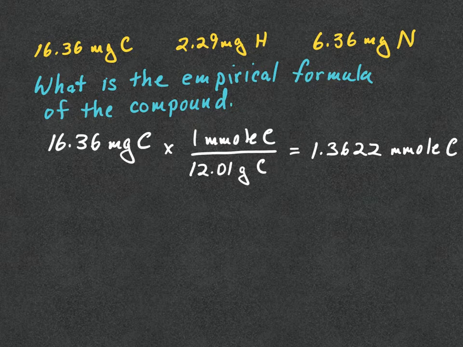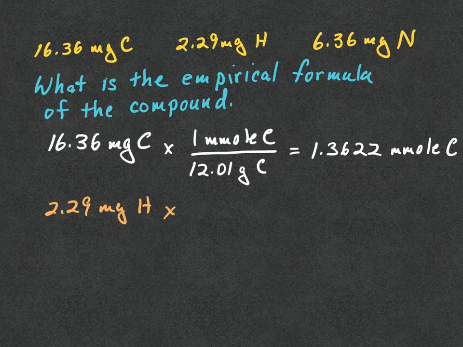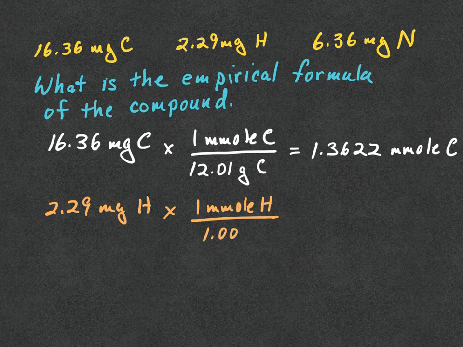So then we take the 2.29 milligrams of hydrogen recovered times 1 millimole of hydrogen atoms is equal to 1.008 milligrams of hydrogen. And let me make clear up here that I got my units correct up here.